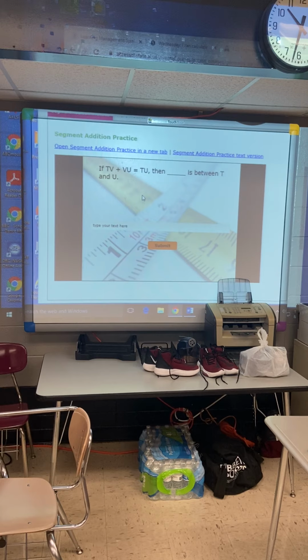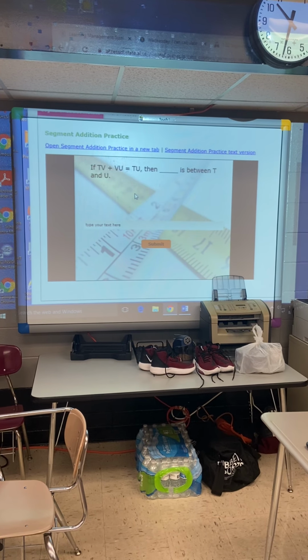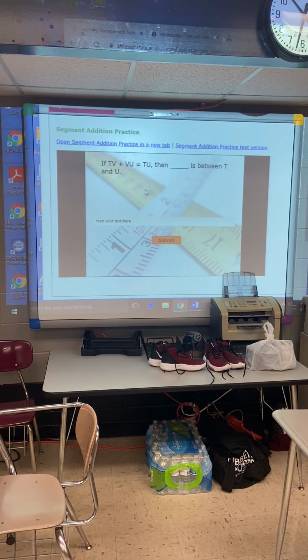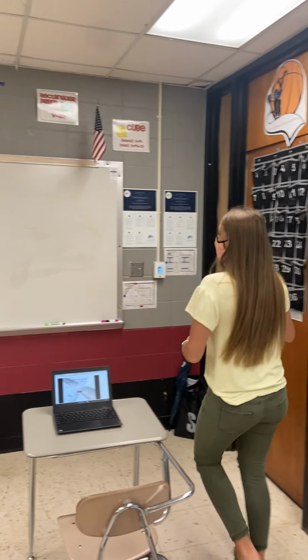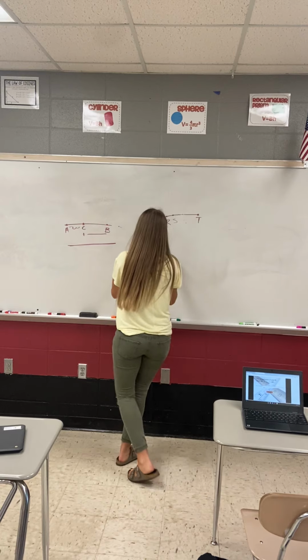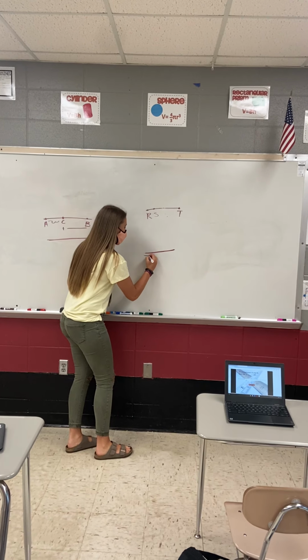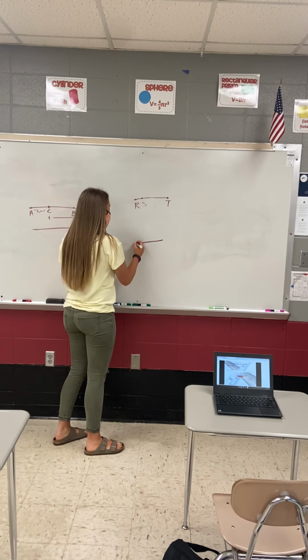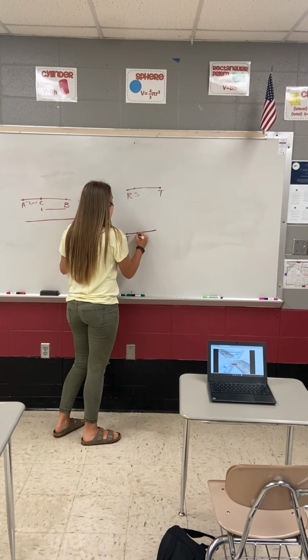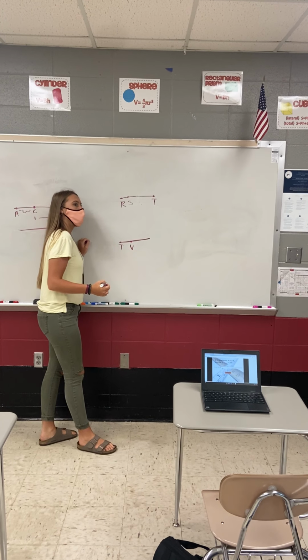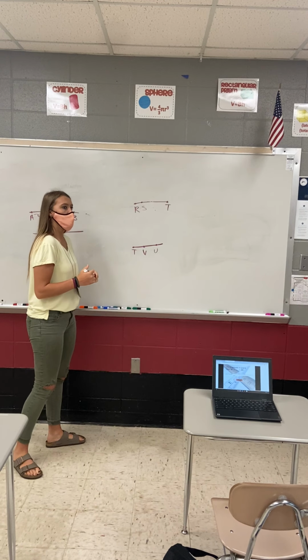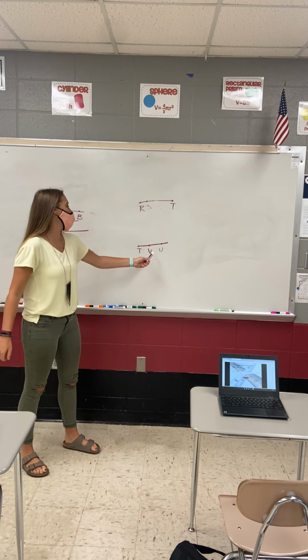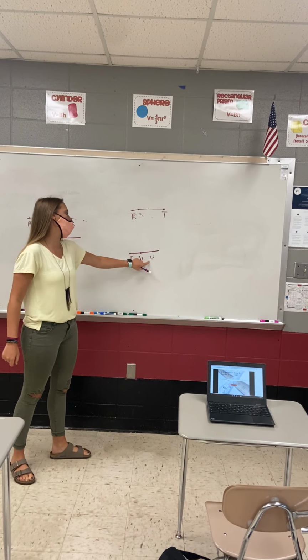Okay? Now it says if TV plus BU is TU, then blank is between T and U. So again, let's draw our picture. So if we have, it says if TV, so I know I'm going to have a T and I know I'm going to have a B, plus BU, then blank is between T and U. So what letter would be between T and U?